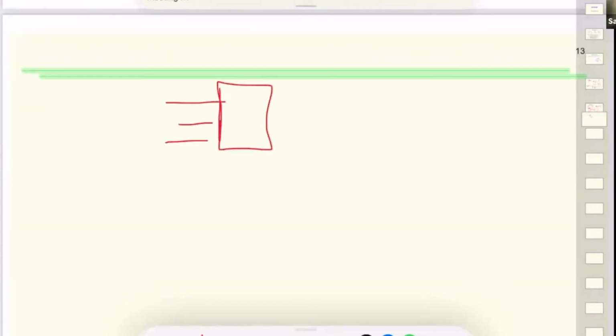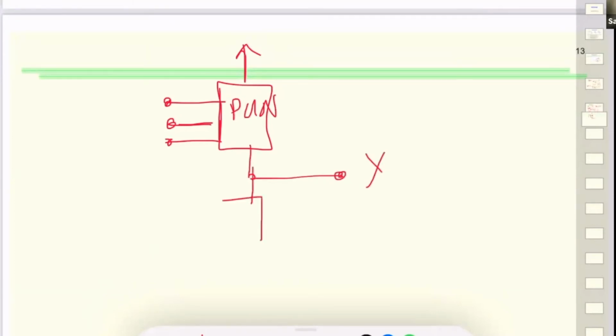Instead of writing all those transistors, we can write the Pmos side as the pull-up network, with the output connecting with the pull-down network. And here again, there can be multiple inputs.